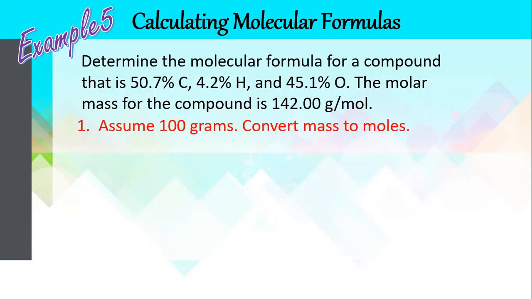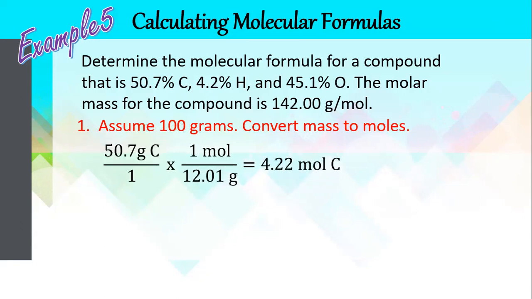We're going to follow the same steps of converting each into moles, from the atomic mass in your periodic table. So we have 50.76 grams of carbon, divided by 12.01 grams. So that's 4.22 moles of carbon.